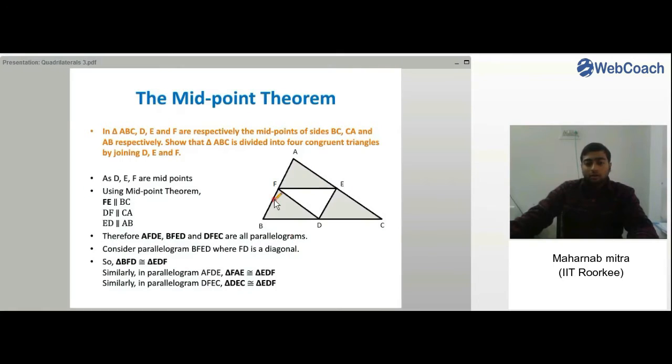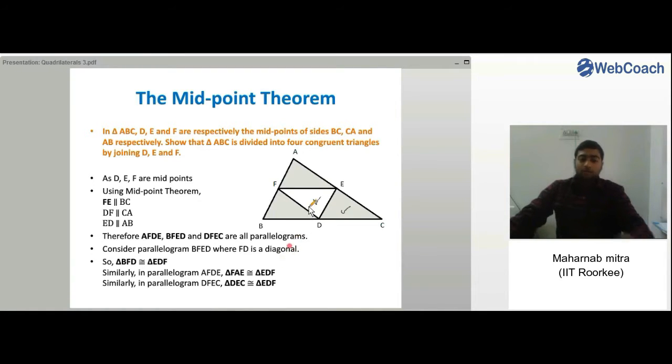Let us see the diagonal ED now, where we are looking at the parallelogram DFEC. The diagonal DE divides this into two equal triangles, so triangle DEC is congruent to triangle EDF, right?